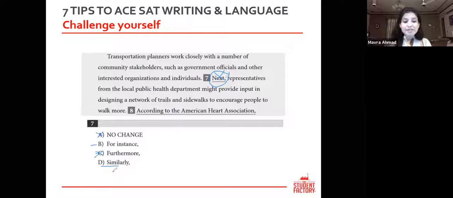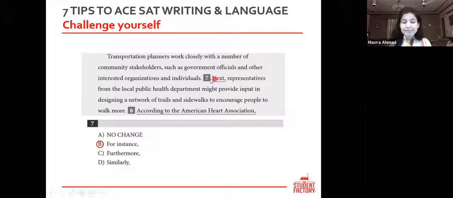So this transition word is not providing us a comparison. Instead, the sensible choice, the most appropriate choice for this question is going to be B. So our correct answer is going to be option B.